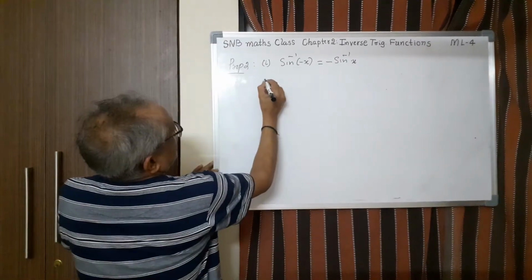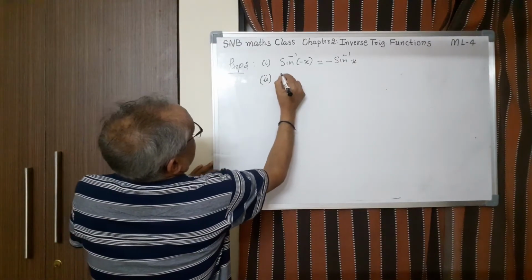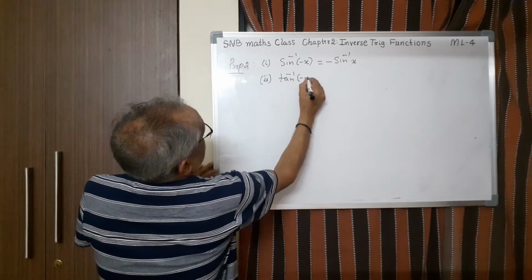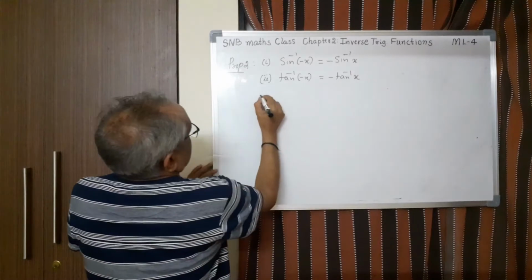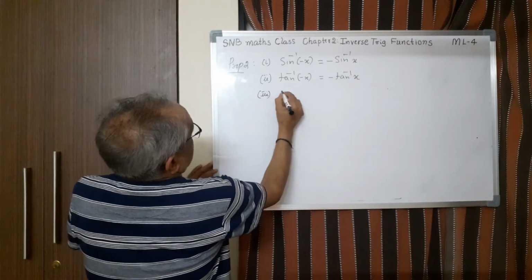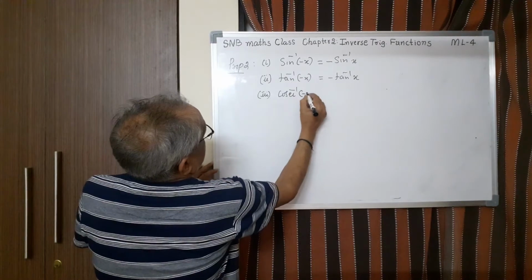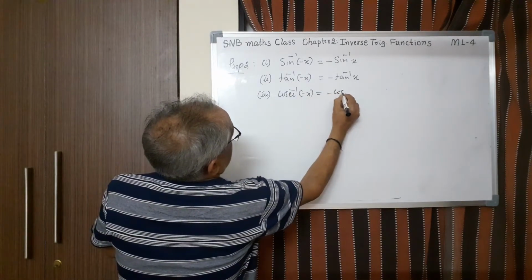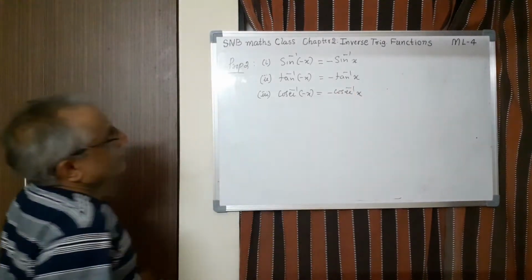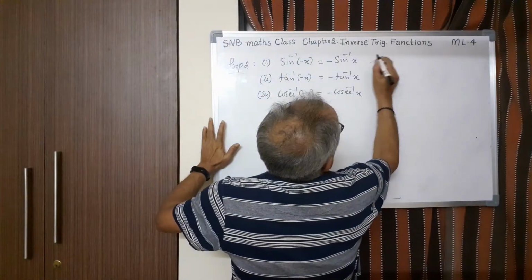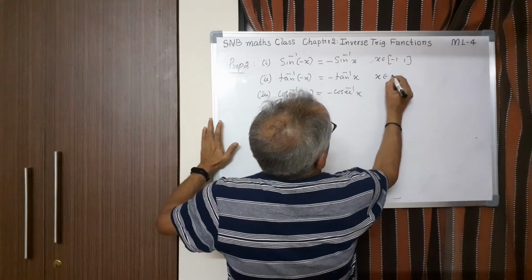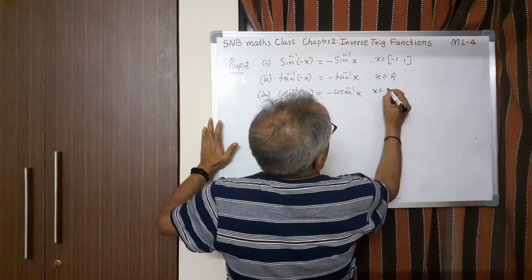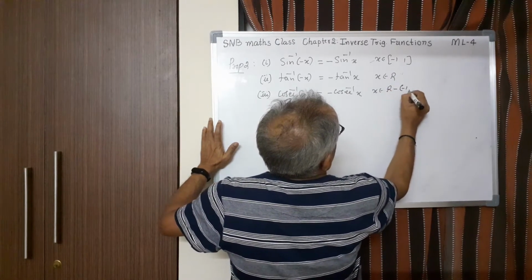Second one is tan inverse of minus x equal to minus tan inverse x. And the third property, cosecant inverse of minus x equal to minus cosecant inverse x. Now, the condition once again: of course here x belongs to minus 1 to 1, here x belongs to R, and here x belongs to R minus (-1, 1).